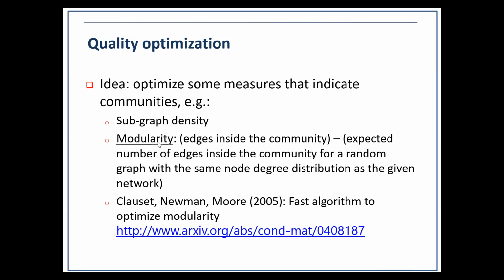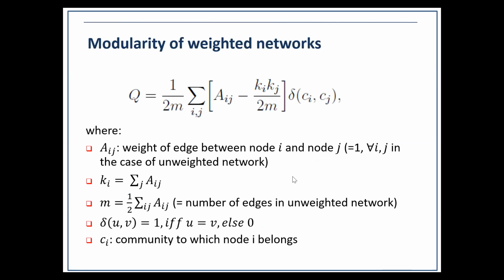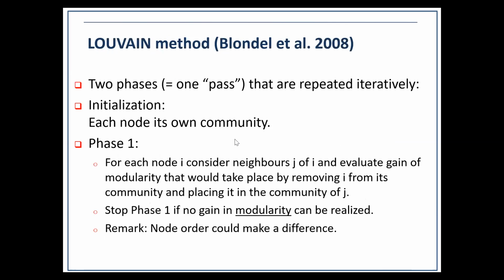Based on that concept of modularity, Clauset, Newman and Moore developed the algorithm, which has two phases. In phase one, we detect communities by maximizing the concept we just introduced.